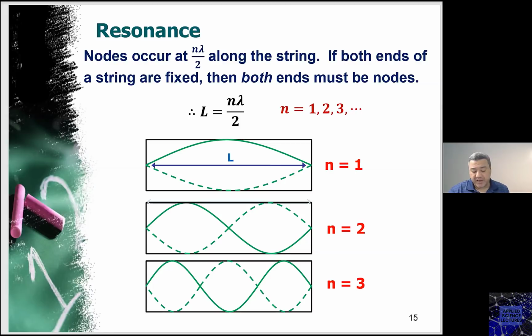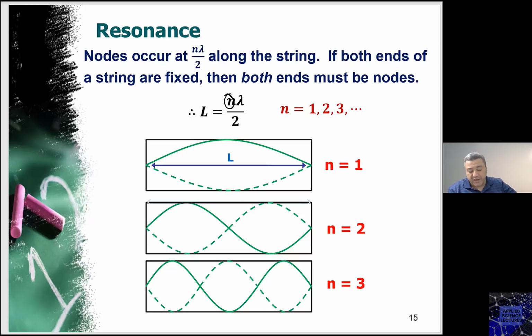The resonance is the frequency where you have the string, in this case, resonating to the maximum displacement. The lowest frequency for any string would be when this length equals lambda over 2, and this is happening when n is 1, and that's what we call the fundamental resonance frequency.